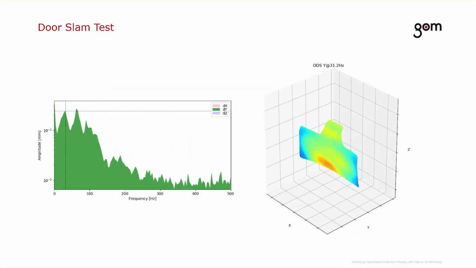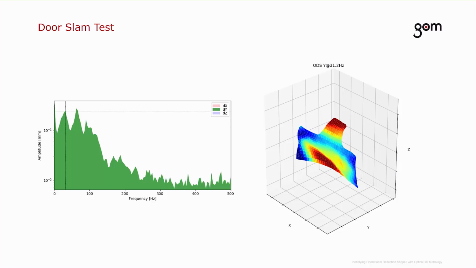And if we take a look at our frequency response curve that we got from our analysis tool, you can see where we have peaks in our frequency response, and to the right you will see the corresponding operational deflection shape at these frequencies. I will go into detail on the tool later on.